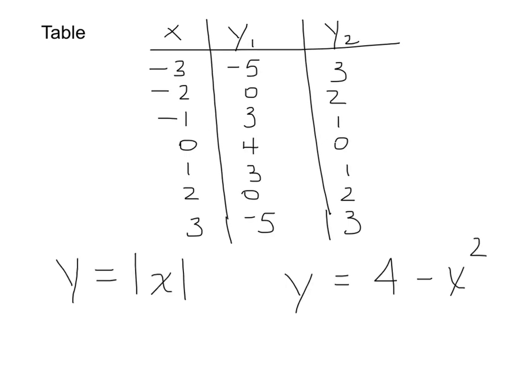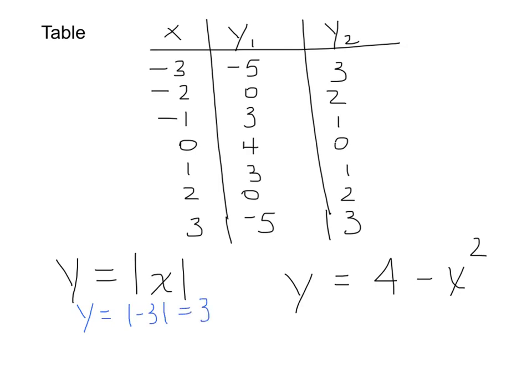So one of the questions may be, which one of your y columns represents y equals absolute value of x? So you would plug in the values of x. So let's start with when x is -3, the y would be 3.